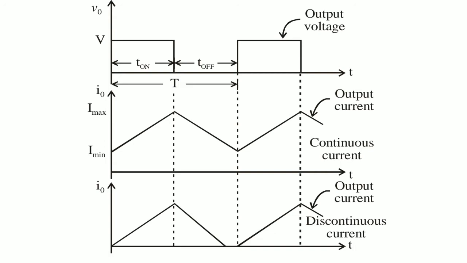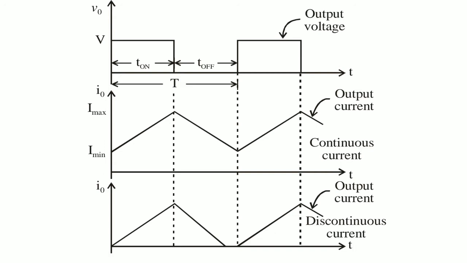At that point we are turning off the SCR. Due to turning off the SCR, the output current decays to 0 at the point shown in this waveform. Again we are turning on the chopper, so the current rises to its maximum value.